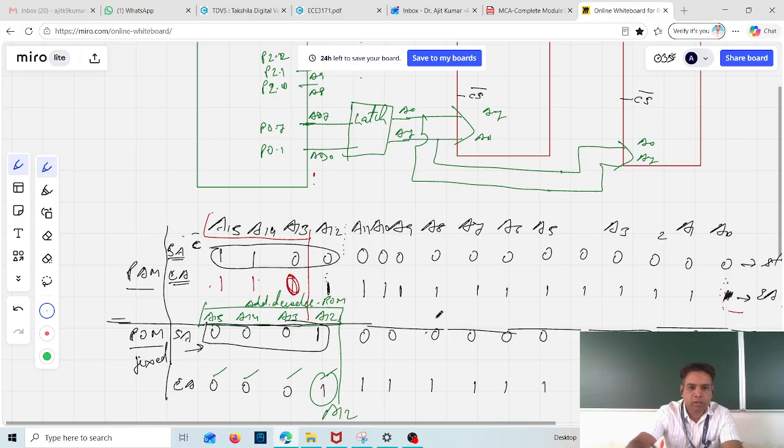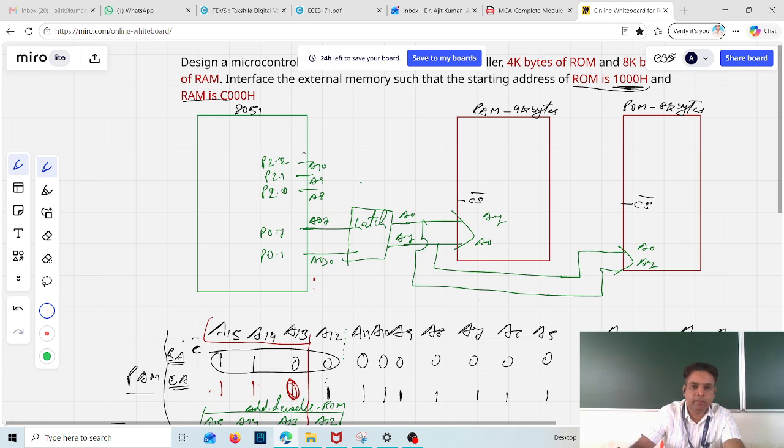For RAM, what we have seen is up to A12 it should be directly connected. So A10, then A11, A12, they are going to be directly connected here, like this. That is A8 to A12.